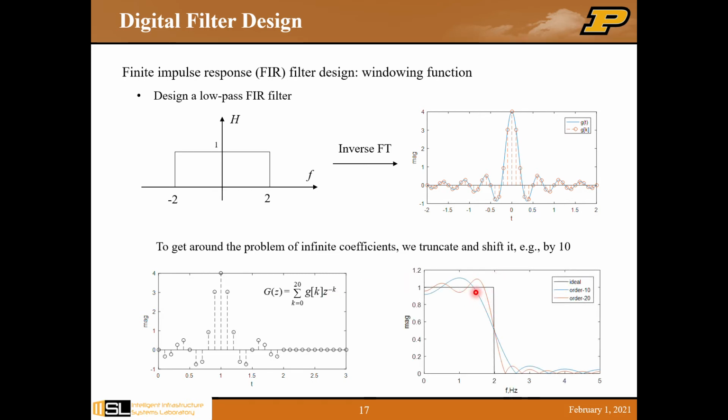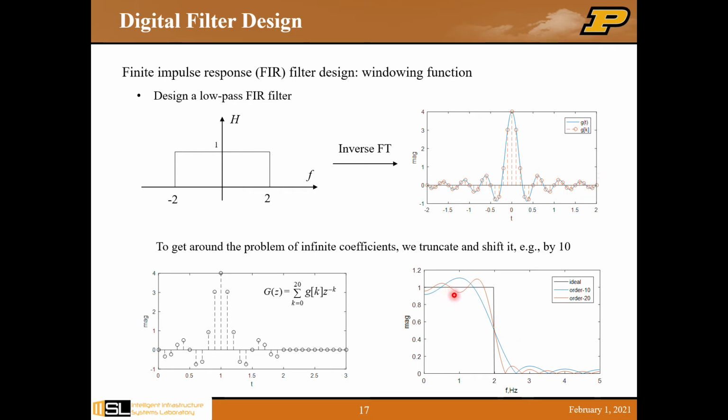And to examine its performance, here are the results in the frequency domain. Again, we have the idealized low-pass filter, which is the brick wall filter here, which has a very steep transition. For the truncated low-pass FIR filter, the black curve here shows the order of 10, which means that we truncate at 5 on one side and another 5 on the other side.